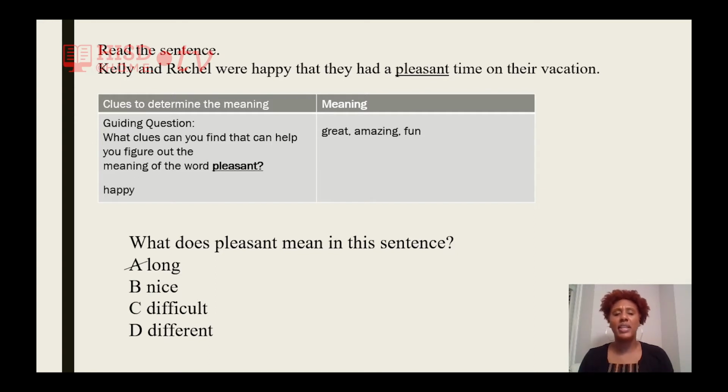That really doesn't make sense to me in that sentence. The next one I'm going to get rid of is difficult. So it says that they were happy. So if they were happy, I'm not thinking that they had a difficult time. So I have answer choice B, nice, and D, different left. So from the clues I pulled from the text and the meaning that I created, I'm thinking that the word pleasant is going to also mean nice.